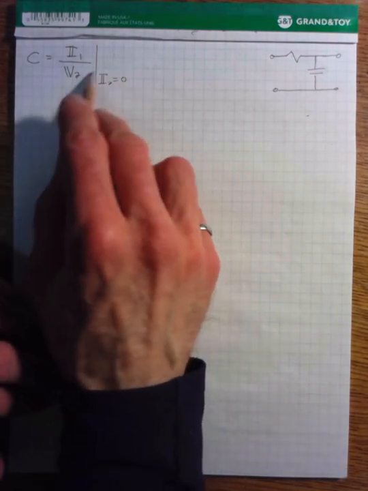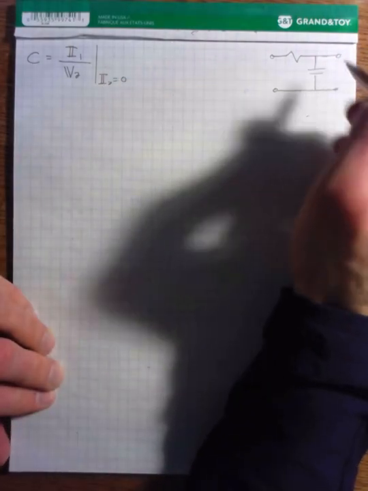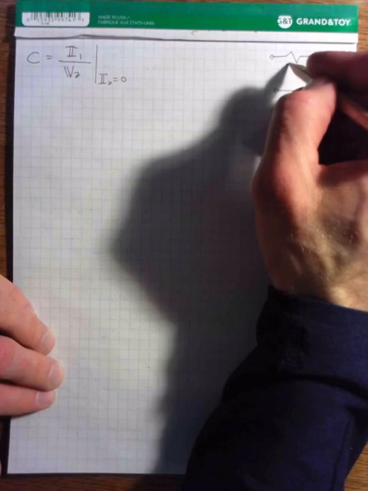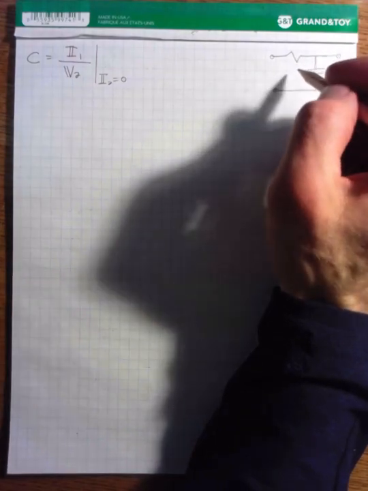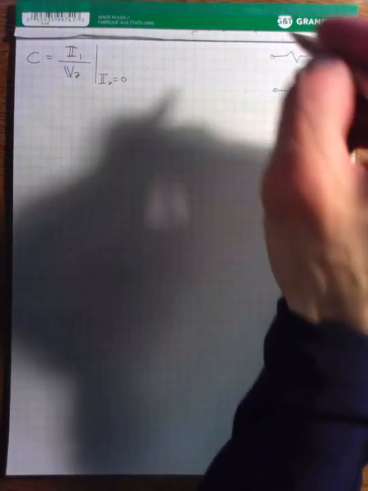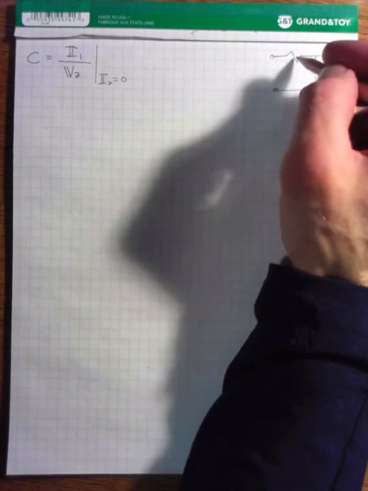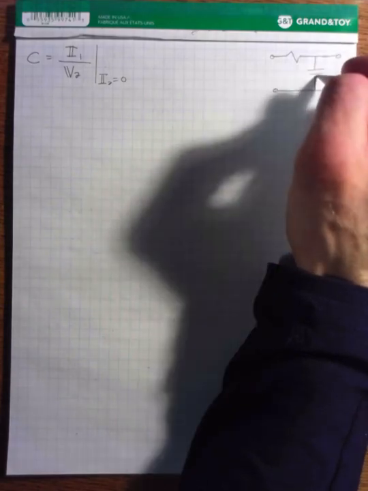Sorry, yeah, this is an open circuit, so I2 is equal to 0. So the total current flowing into the circuit is just the voltage V1 divided by the sum of the resistance and the capacitance.